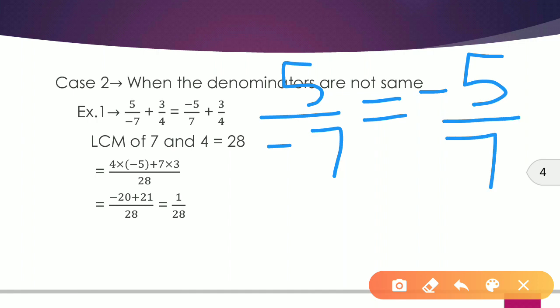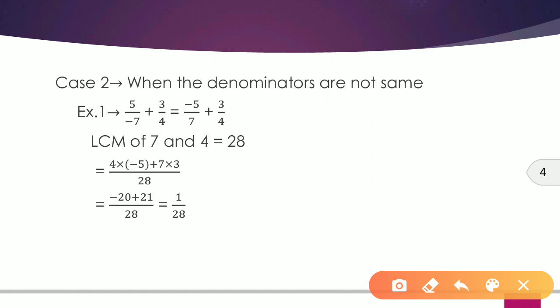So, minus 5 by 7 plus 3 by 4. Here clearly we can see that the denominators are not same for both the rational numbers. So, first we take the LCM. LCM of 7 and 4 will be 28.